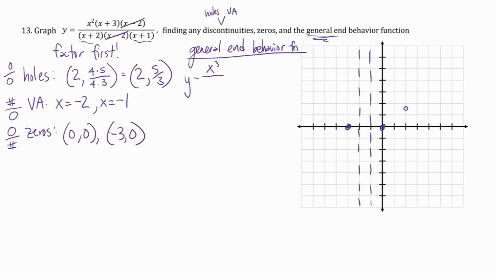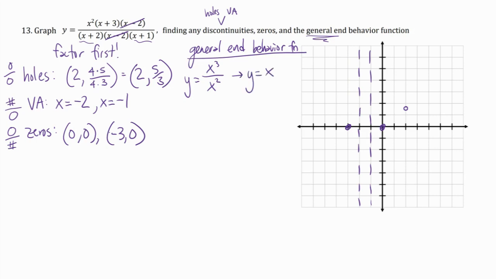And my denominator is x plus 2 times x plus 1, so my leading term would be x squared. And I want you to find the entire leading term. So let's say there was a negative on the outside, then my denominator would be -x squared. So make sure you include any coefficients. So the general end behavior function in this case will be y equals x cubed over x squared. Well, that's y is equal to x.